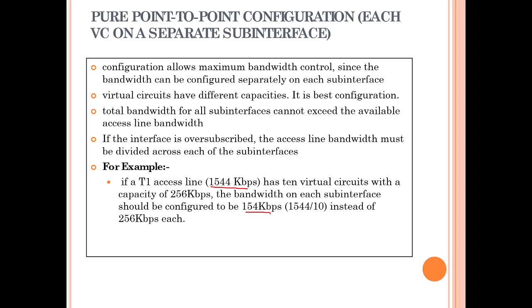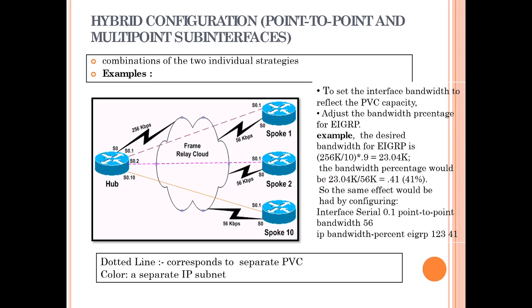The reason behind this is that each subinterface will use it at its best capacity. The total bandwidth for all subinterfaces cannot exceed the available access line bandwidth. So I hope you people are getting it right.